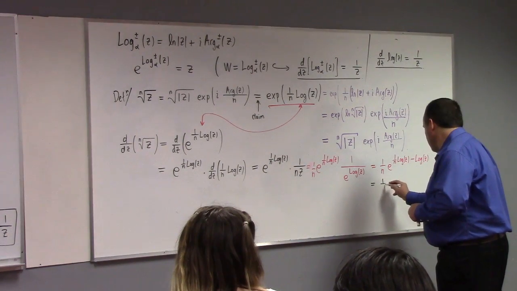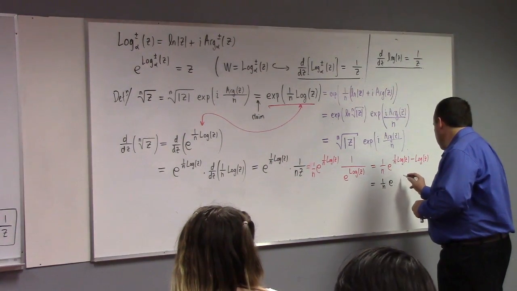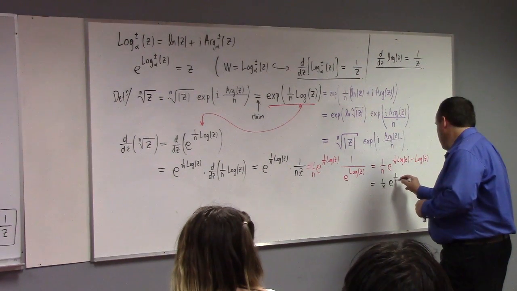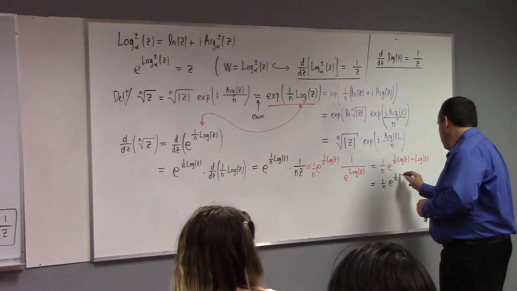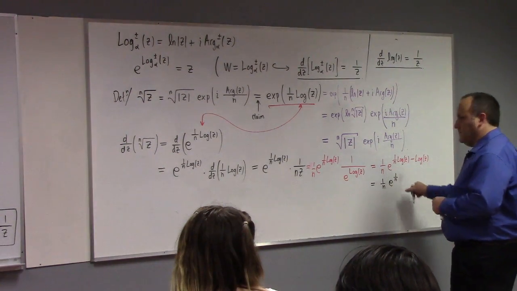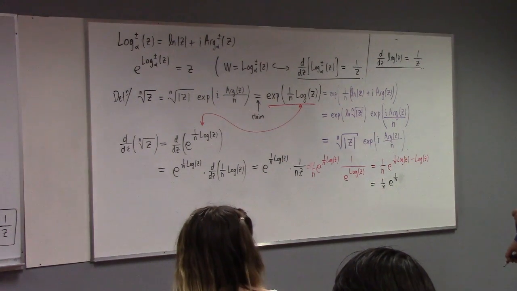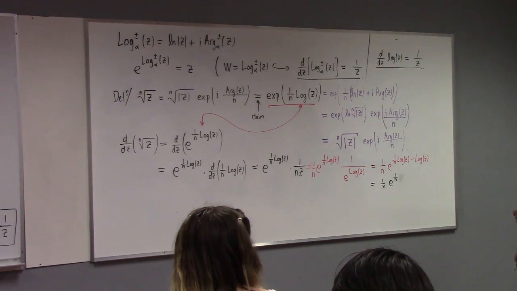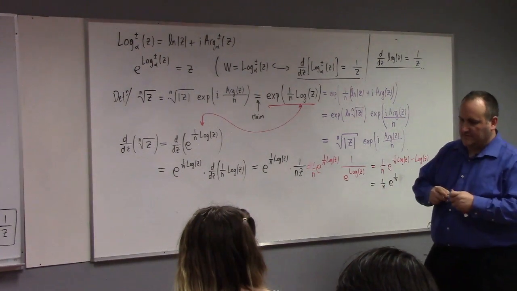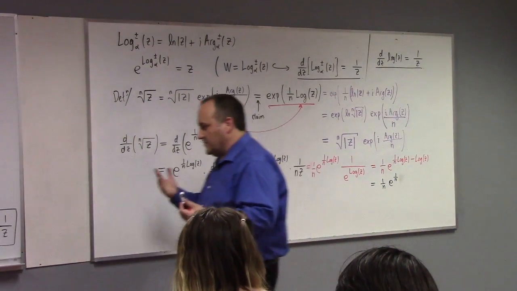That's 1 over n times e to the... Let me leave this for a second. I think this is right, but you guys tell me, what do we hope is true?